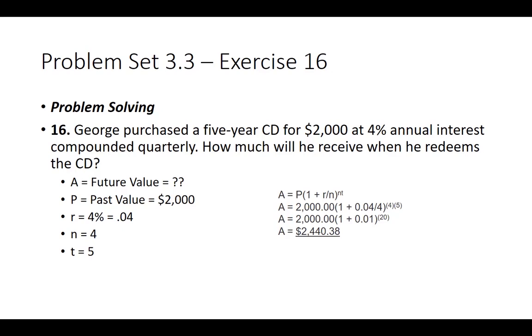Number 16. George purchased a 5-year CD for $2,000 at 4% annual interest compounded quarterly. How much will he receive when he redeems the CD?